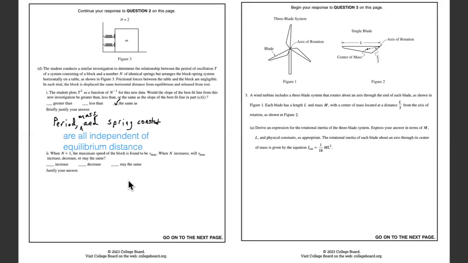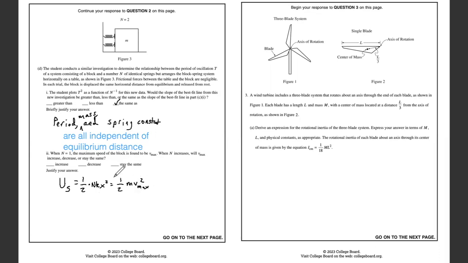When n is equal to 1, the maximum speed is found to be Vmax. When n increases, will Vmax increase, decrease, or stay the same? What we can actually say in this case is that Us is going to equal 1/2 times nk times x squared, and that should equal all of the kinetic energy at maximum, so 1/2 m Vmax squared.